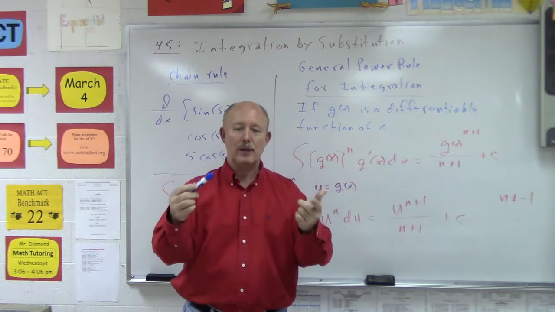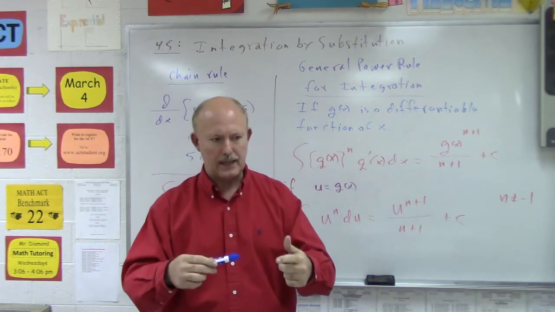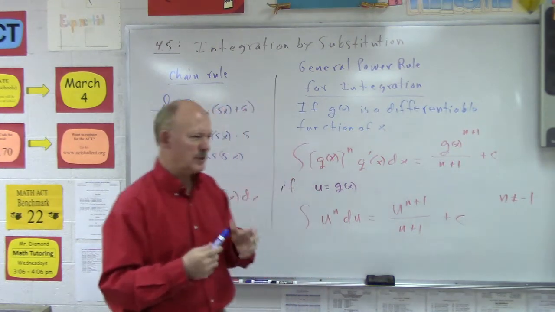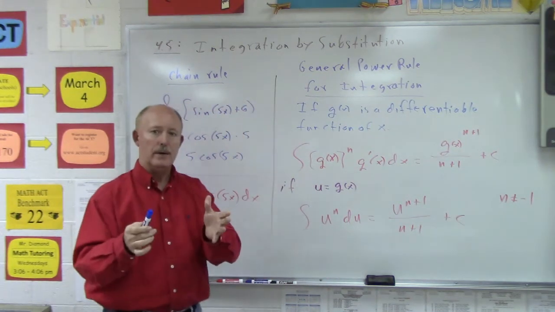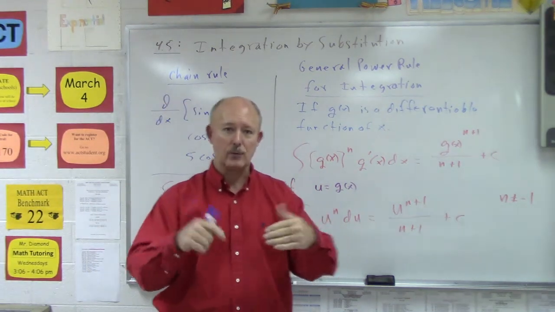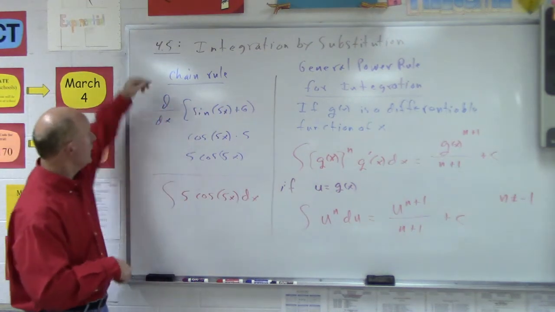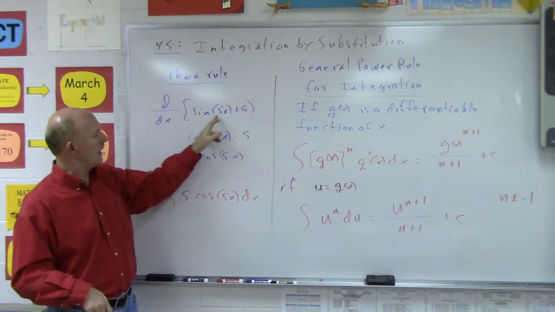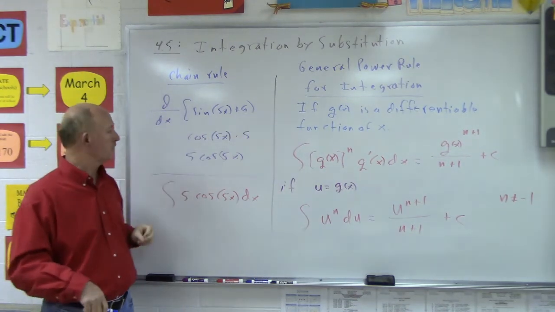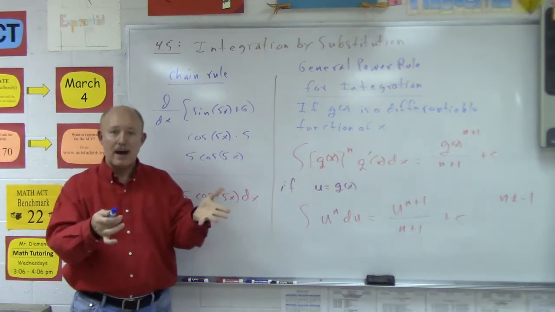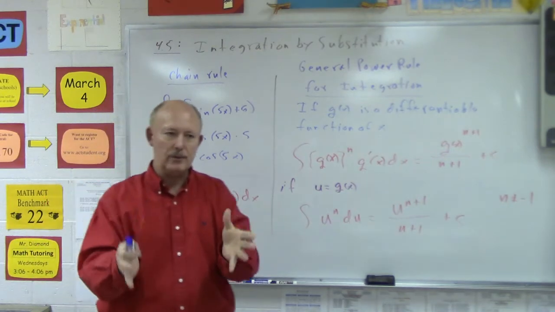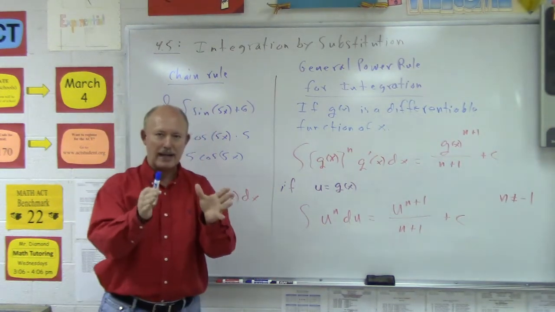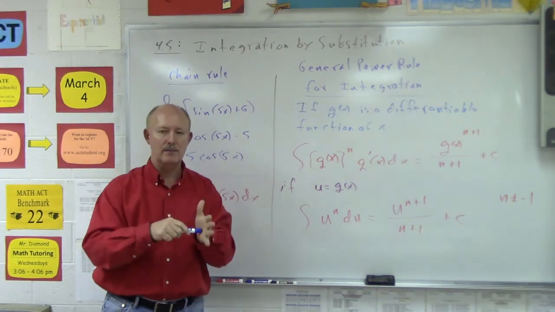Integration by substitution is a technique for integrating composite functions, where the integrand is a composite function. Hopefully everybody remembers the chain rule. If you take the derivative of a function like sine of 5x plus 6, using the chain rule you take the derivative of the outside, leave the inside by itself, times the derivative of the inside.